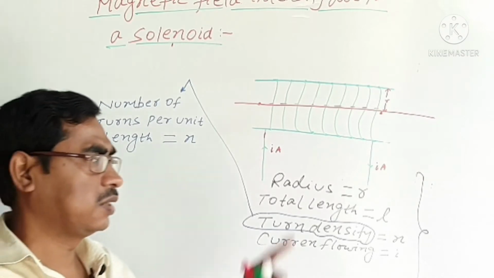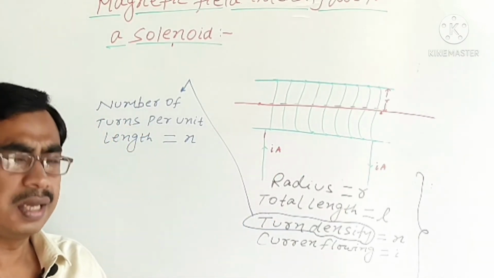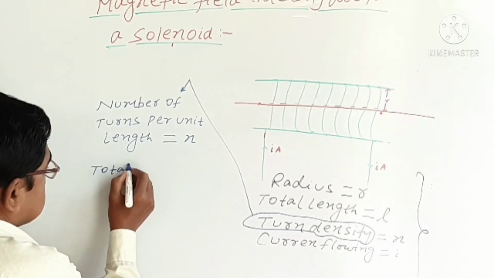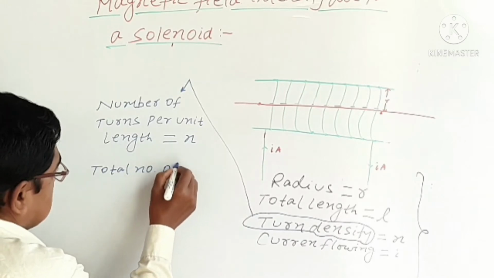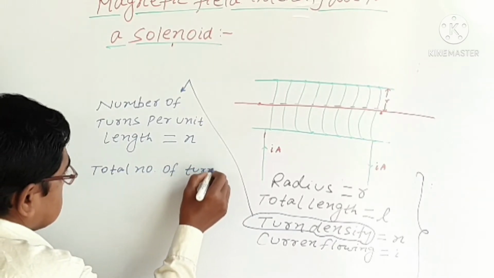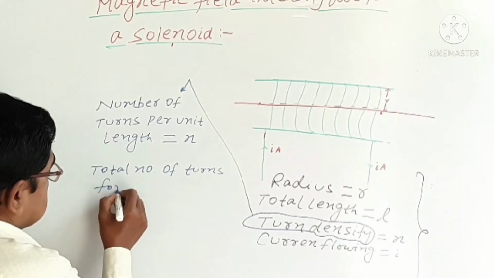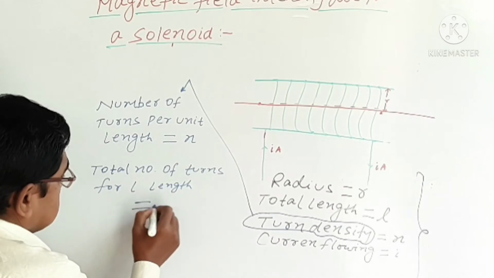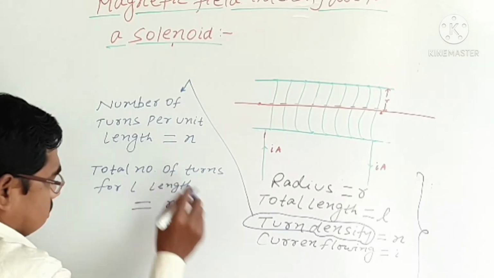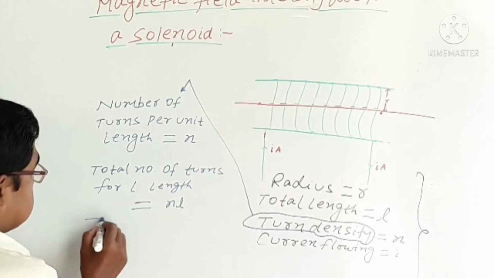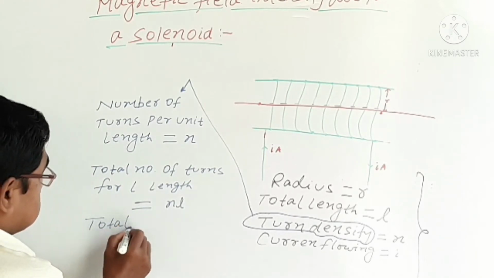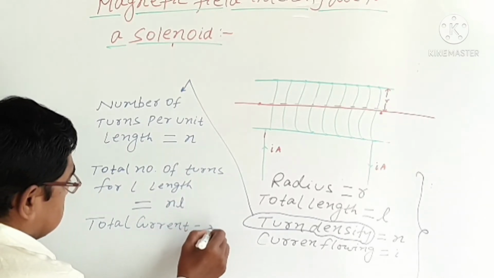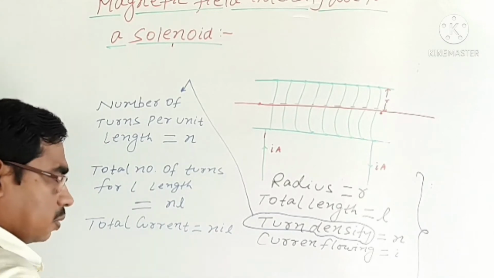Suppose the entire length is L. So, the total number of turns for length L is equal to n multiplied by L, and the total current is equal to n I L. Okay.